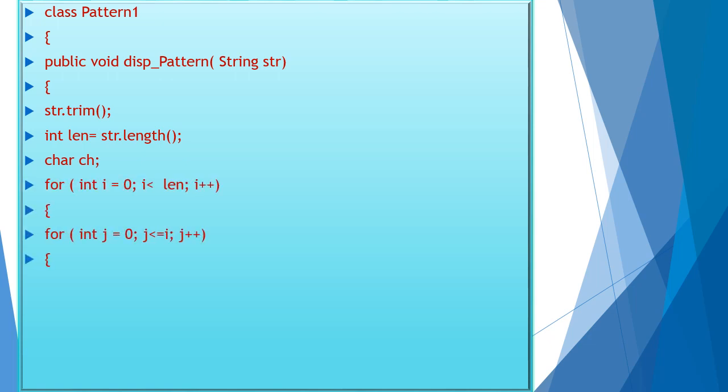And we use nested loop here for getting the display as per the given format. Here the outer loop variable i stands for the number of rows and the inner loop variable j stands for the number of columns. Let us see how it works. Here the initial value of i is 0 and the final value is less than len.